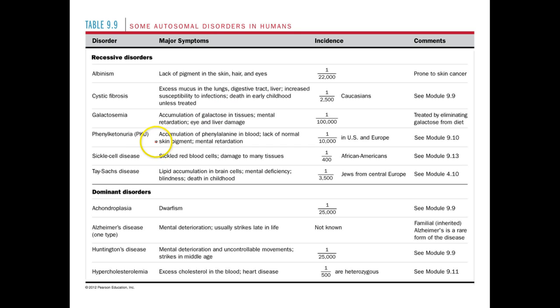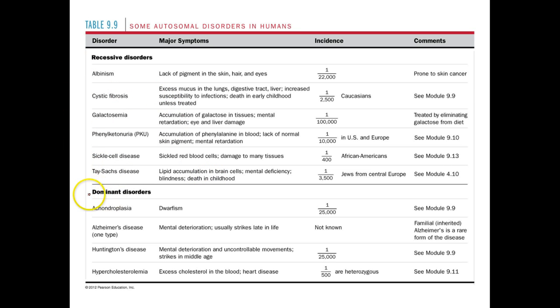PKU, you cannot break down the amino acid phenylalanine. So when you're born, you get this test to see if you have PKU because you can easily avoid phenylalanine in your diet and avoid having those symptoms. And sickle cell anemia, where your red blood cells sickle due to a mutation. And then Tay-Sachs also is a disorder where you cannot break down lipids. So all these are recessive autosomal disorders.